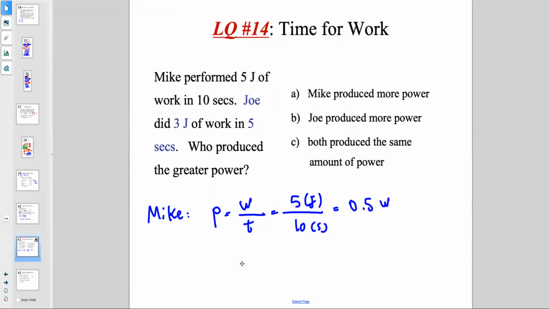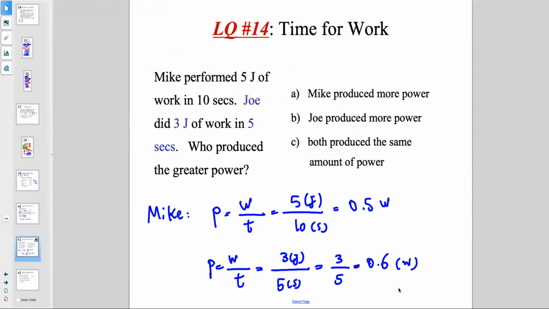And Joey did 3 joules of work in 5 seconds. So we have 3 over 5, or 0.6 watts. Who produced greater power? Obviously, this is what Joey did. Joey produced more power because it's 0.6 watts.